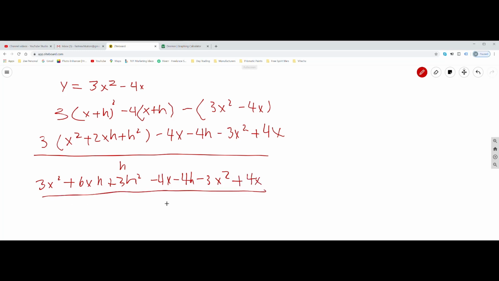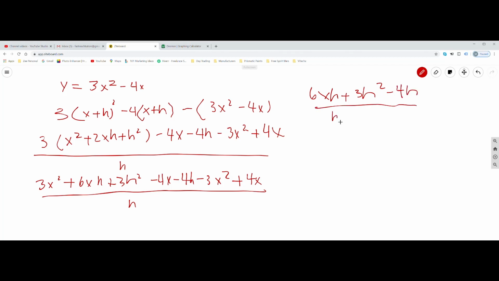So this cancels with this. 4x cancels with 4x, so you're left with 6xh plus 3h squared minus 4h over h.